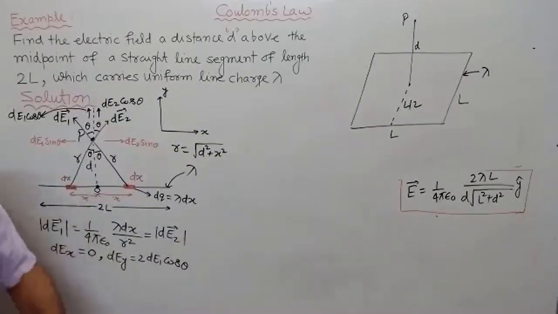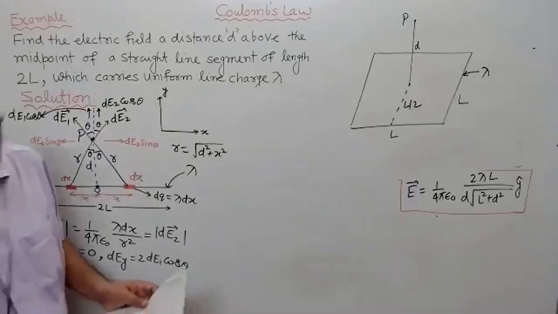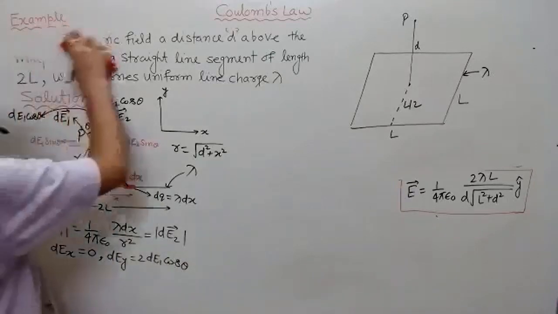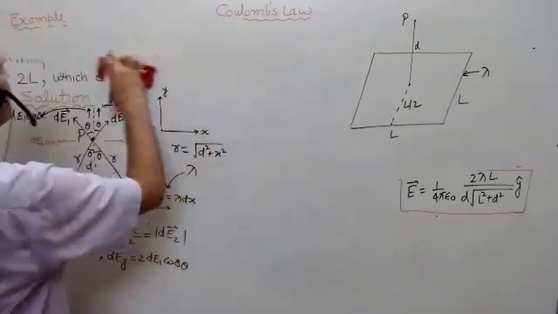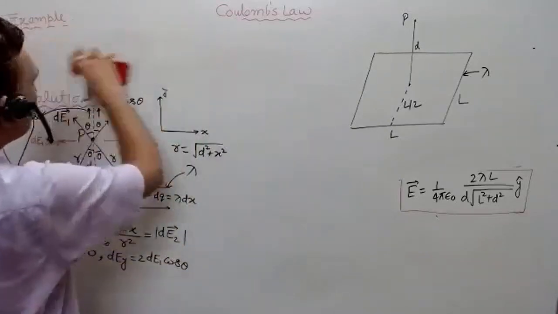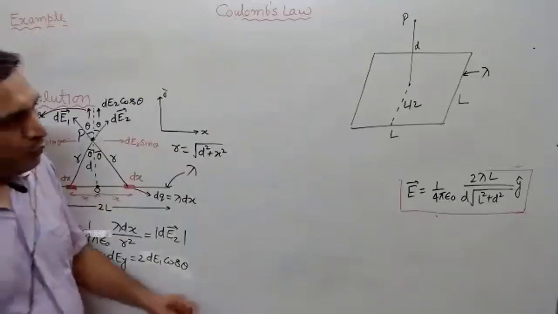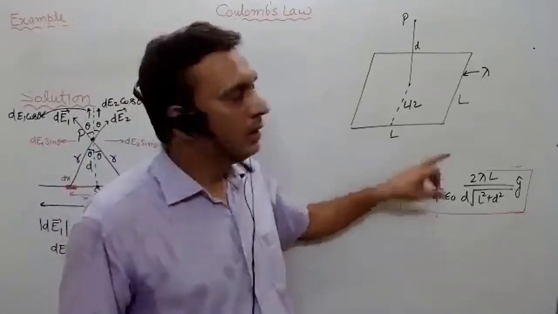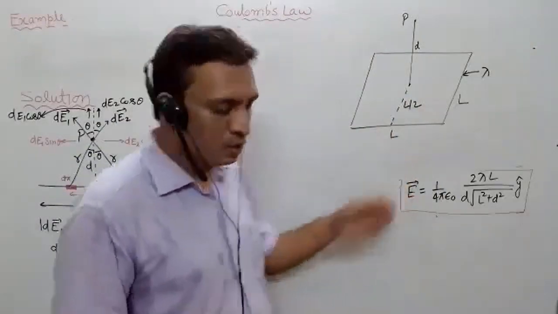So you can write this problem. Let us write it down, because I have to use this relation. If you know the field due to a wire of length 2L, you can find the field due to the square loop.